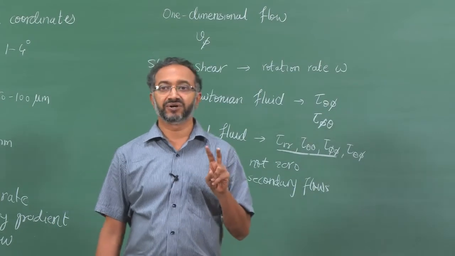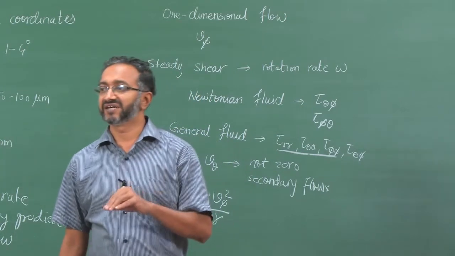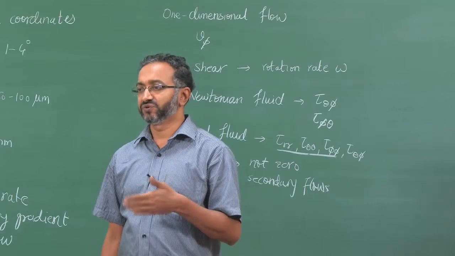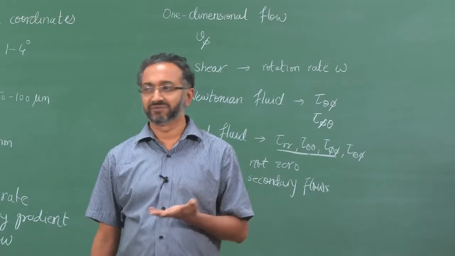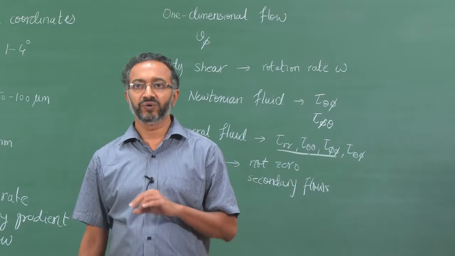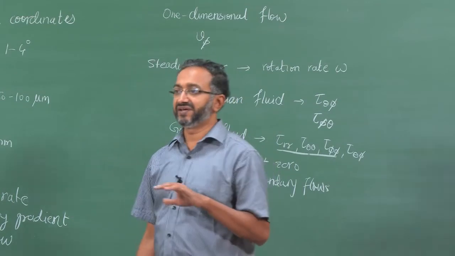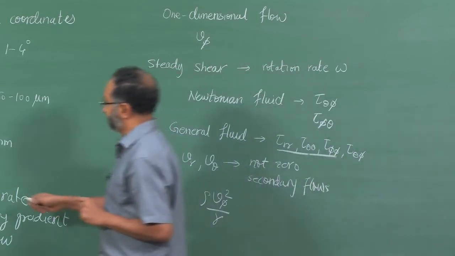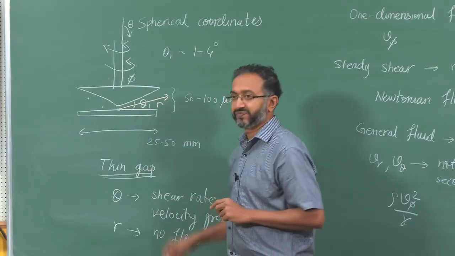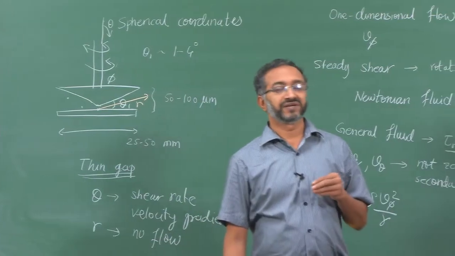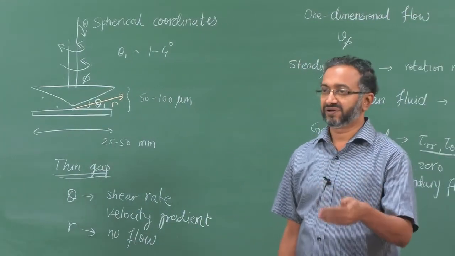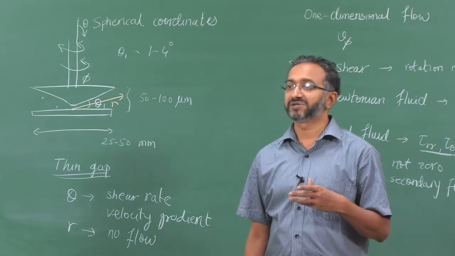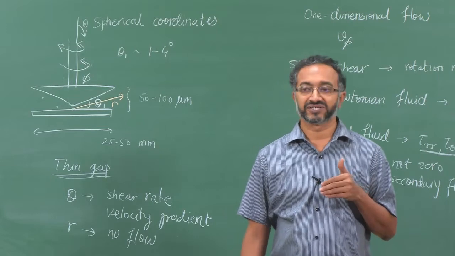So, what we have to make sure is that we are operating in the regime where inertial forces are not very significant, and one of the ways to think about that is in terms of looking at Reynolds number. If Reynolds number is low, then we will be safely ignoring inertial terms, and given that we are operating with a very thin gap, and quite a few times we are working with viscosities of higher magnitude, many of the non-Newtonian fluids or many of the complex materials have reasonably high nominal viscosity.